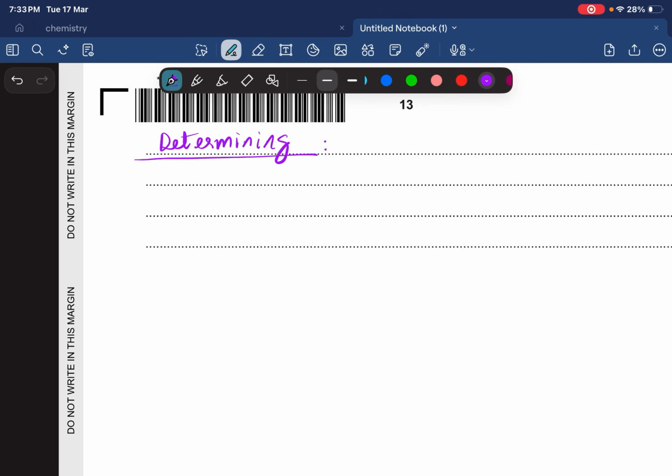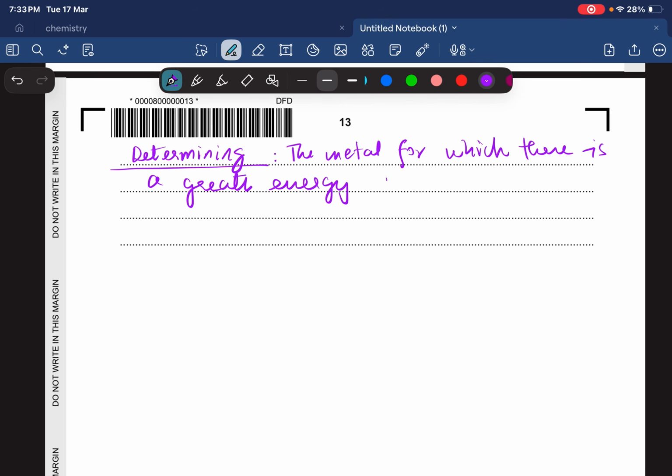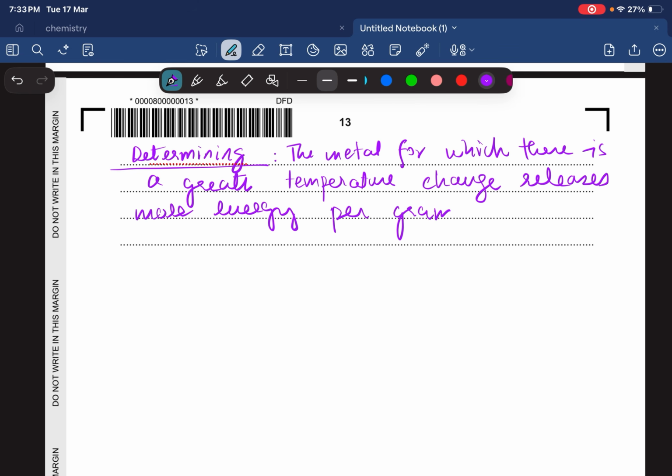So according to me, the metal for which there is a greater temperature change releases more energy per gram. That's how I'm going to determine it. And we're done and dusted with this paper.